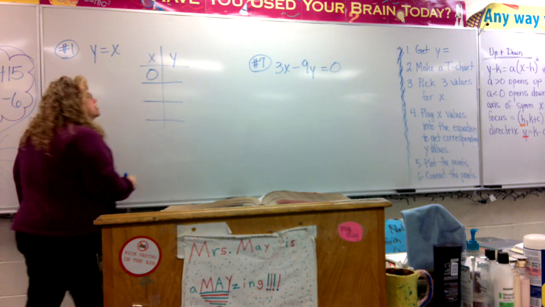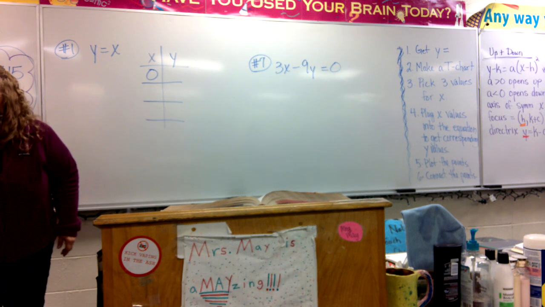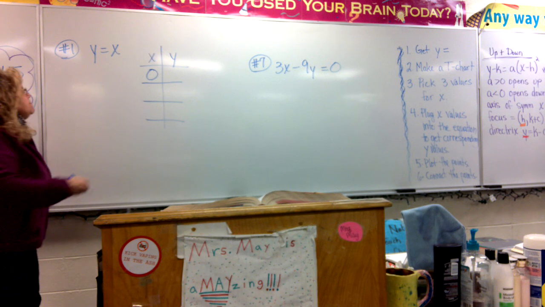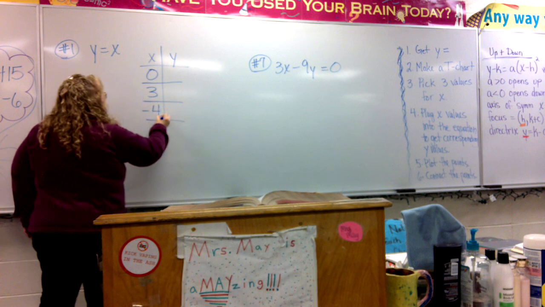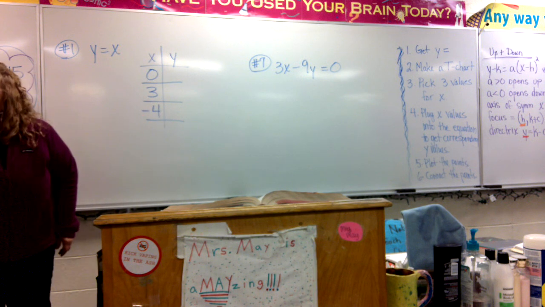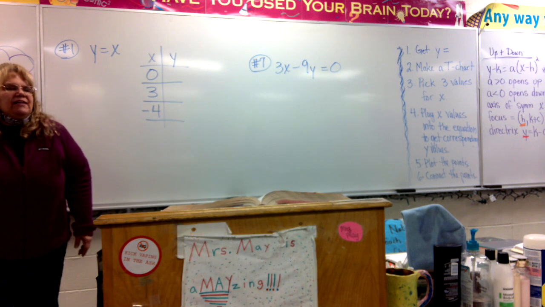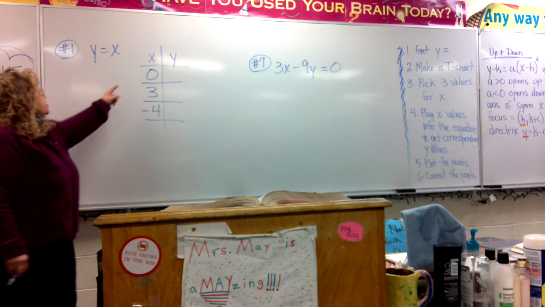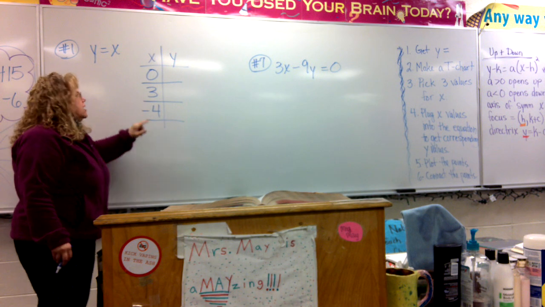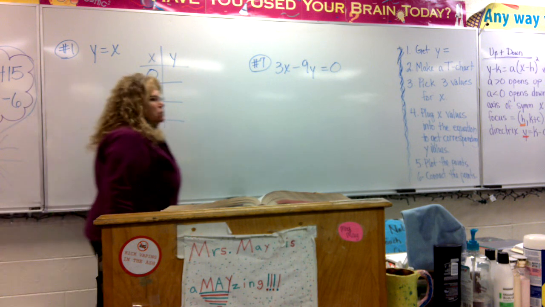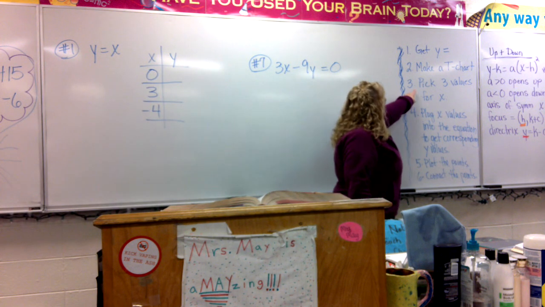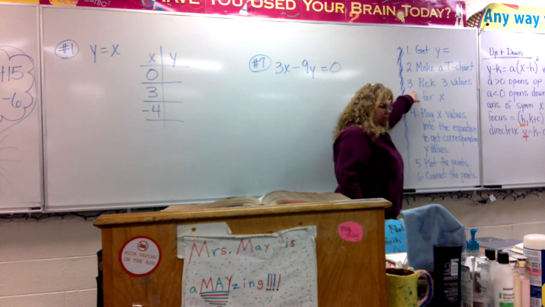My favorite is 0. And then maybe you want to pick a positive and a negative. You don't have to, but that's what I usually pick. 0, a positive value, and a negative value. So I picked my 3 x values.